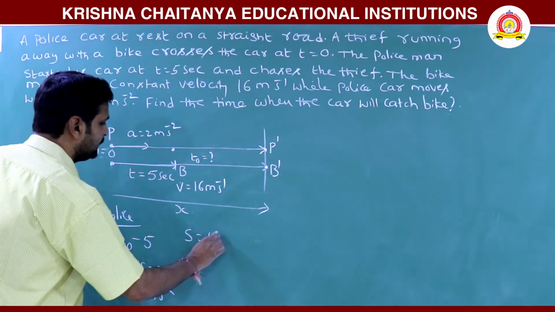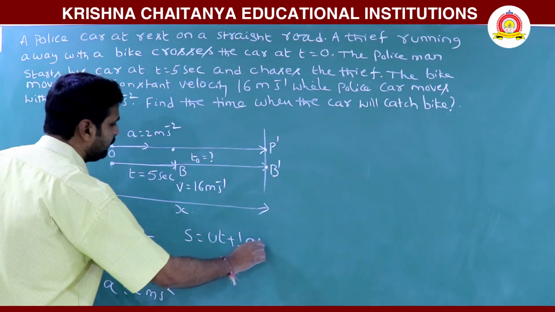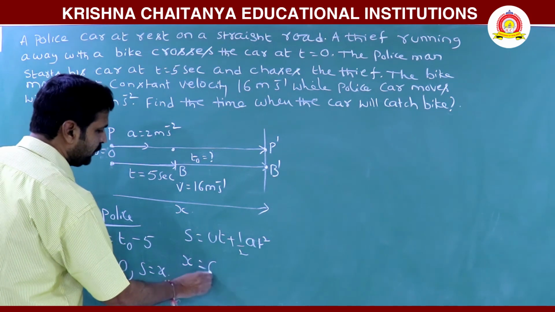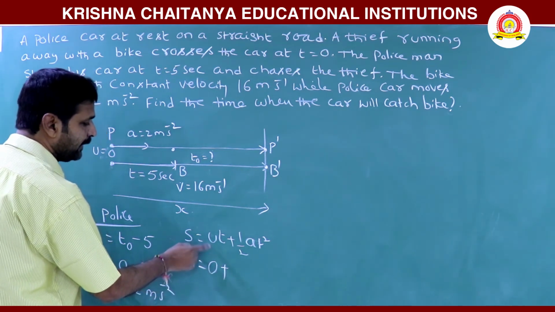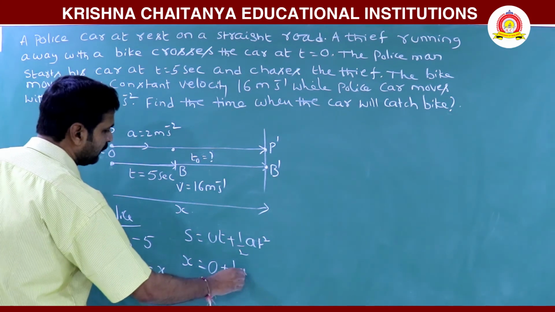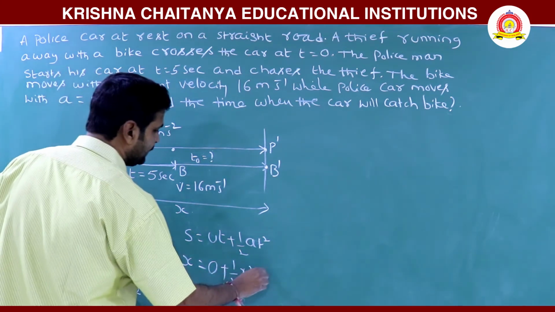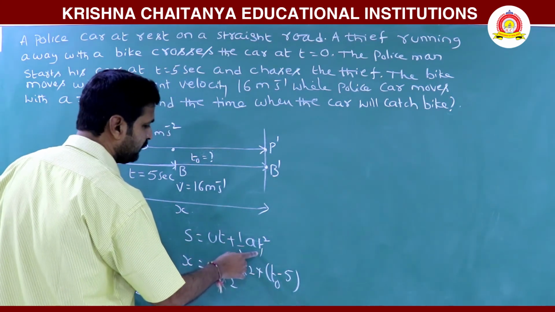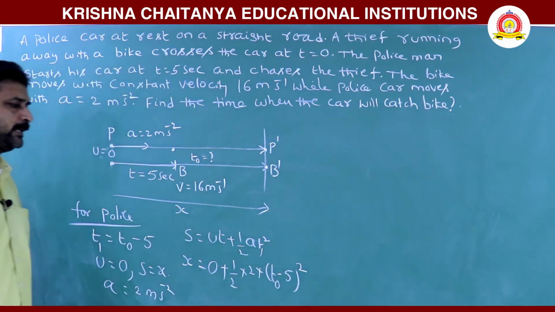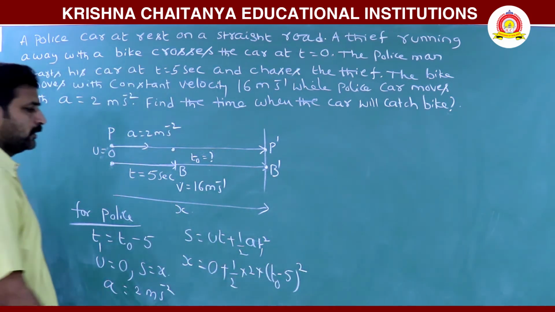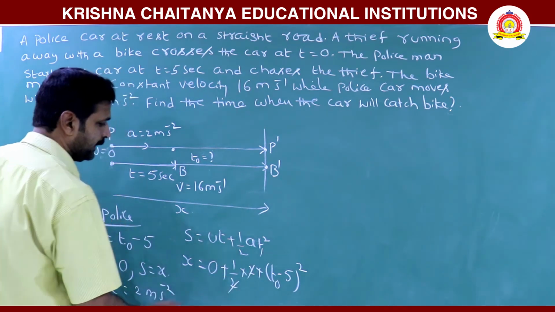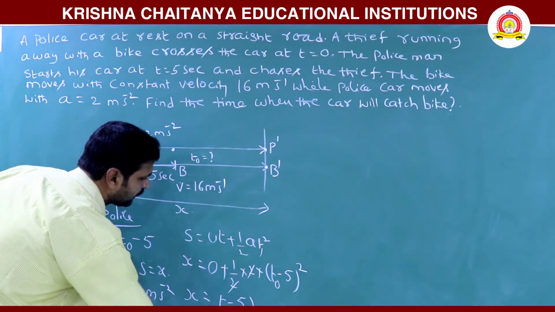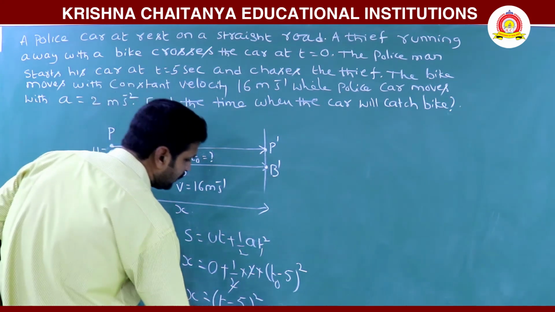Taking s equals ut plus half at squared, x equals 0 since the initial velocity is 0, plus half of 2 times t0 minus 5 whole squared. After cancellation, the distance traveled by the policeman is t0 minus 5 whole squared.